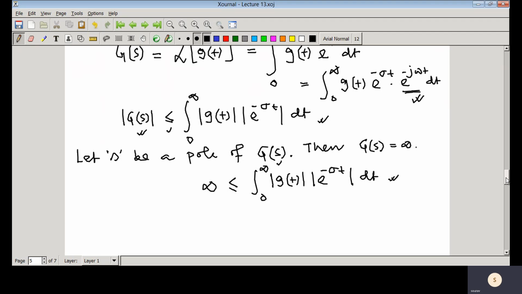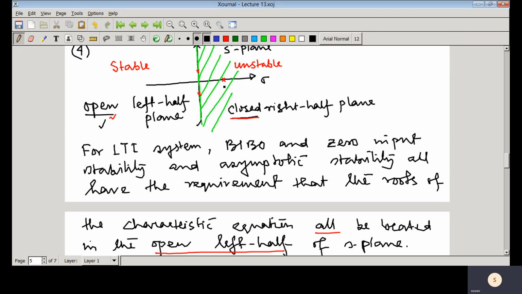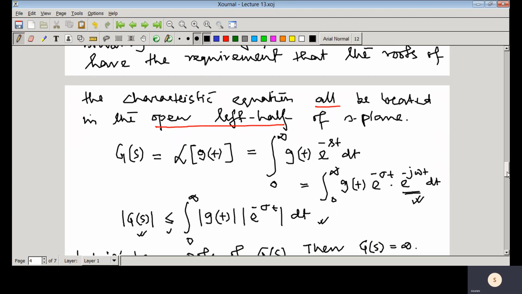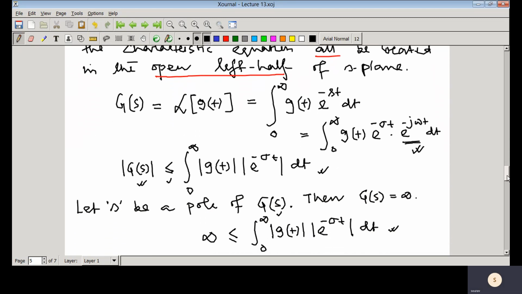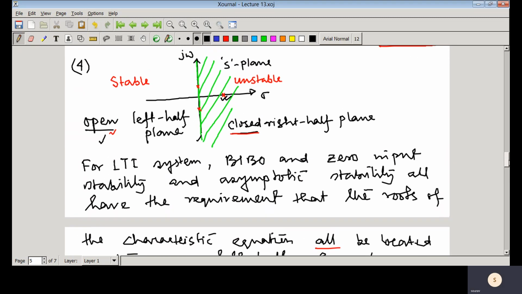So now let us consider that pole. Suppose any pole lies in the closed right half of the S plane. Then what would be the sigma? This sigma would be the real part. That means either sigma would be equal to 0 or it is greater than 0.